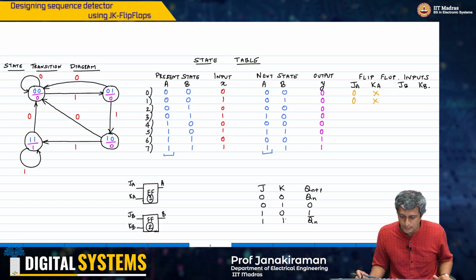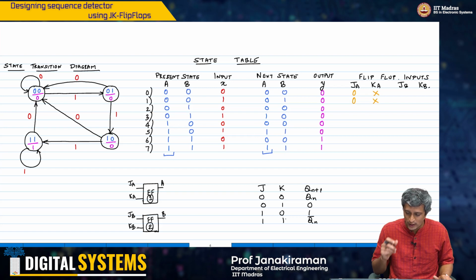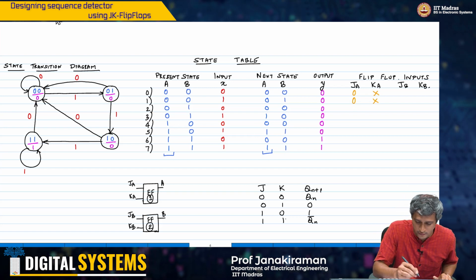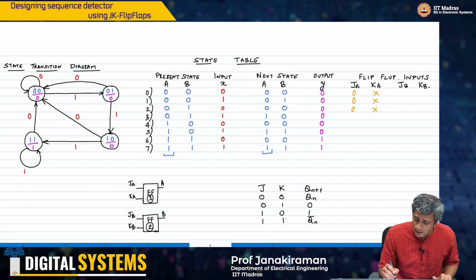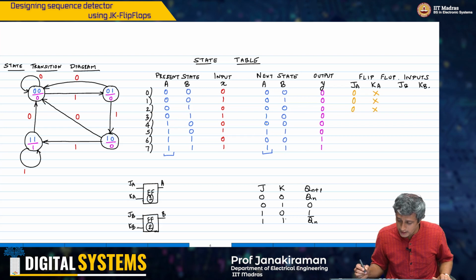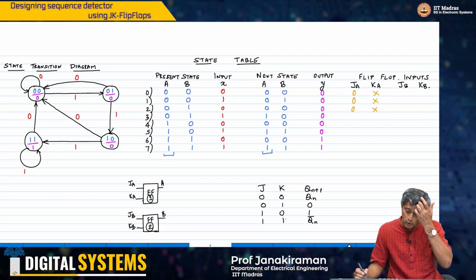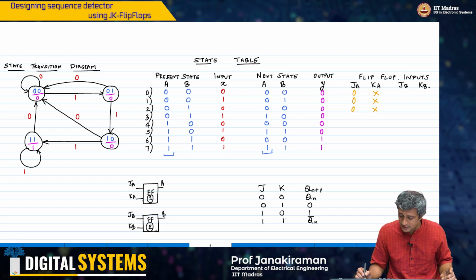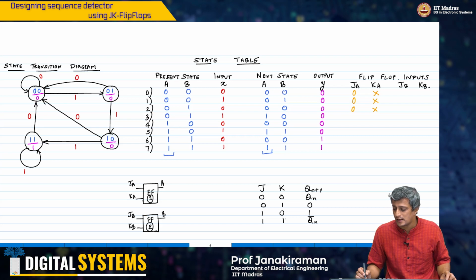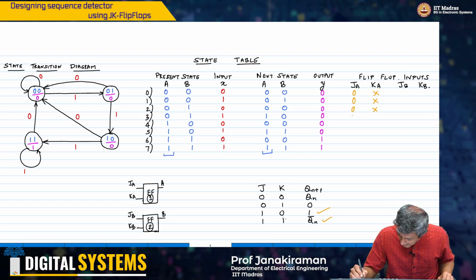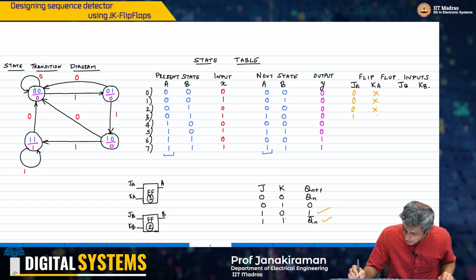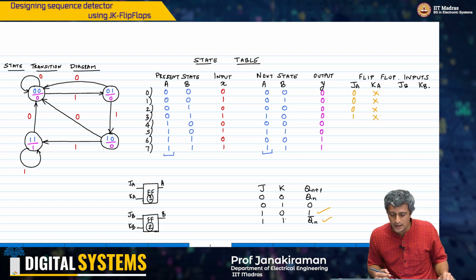Now, in row 2, again 0, 0, I can just leave that as 0x. Now, present state is 0, next state is a 1. Again it could be any of these. So J has to be 1, K can be anything.